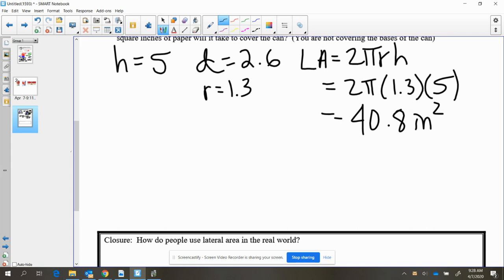Right. And there we are for our lateral area. So again, it goes back to thinking about, do I need total surface area? Do I just need lateral area? Or do I need a combination of the lateral area and maybe just one base?